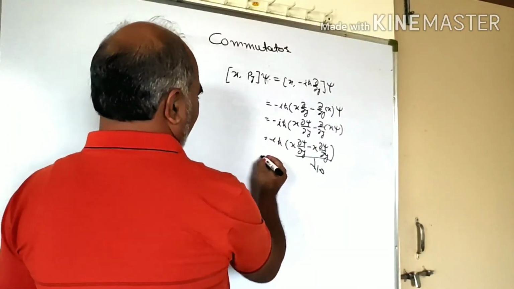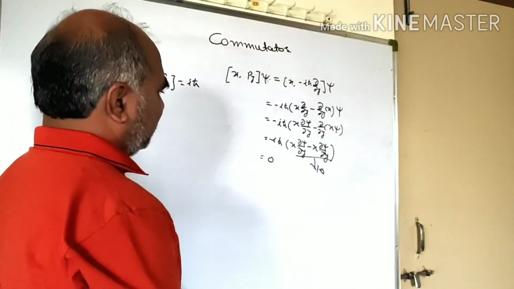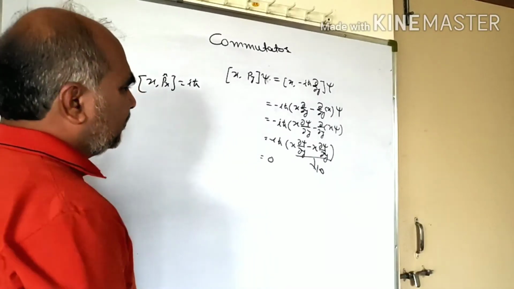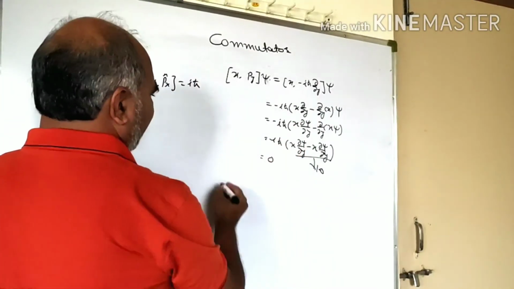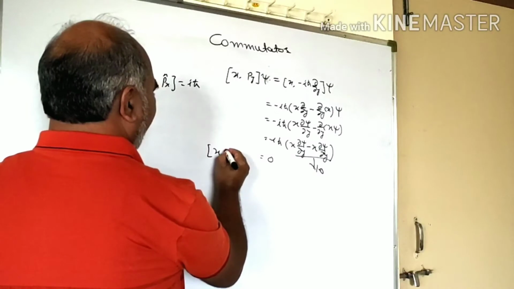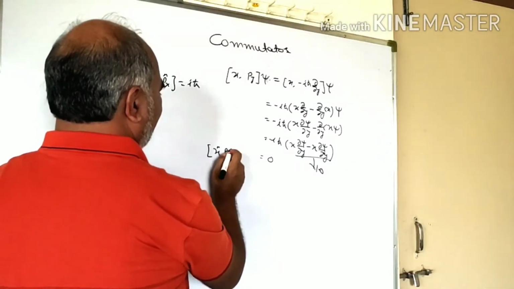Therefore the total value is 0 times ψ, which is 0, and therefore the value of [x, py] is equal to 0.